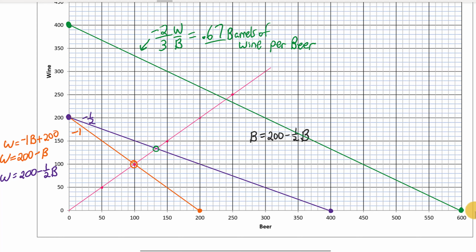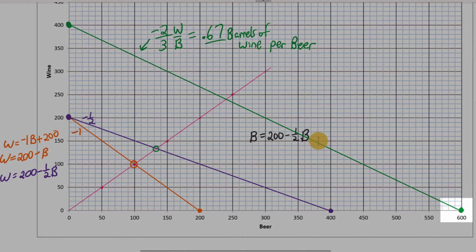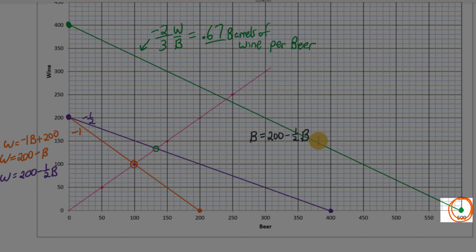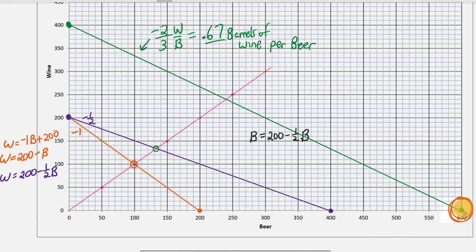These two endpoints are correct, but what's happening in the middle is not correct. And this is where the gains from trade actually happen. Let's think about it this way. Suppose we were down here at this extreme point and both countries were making only beer. We would end up with 600 barrels of beer, correct? But suppose we decided we didn't want nothing but beer, we want a little bit of wine.